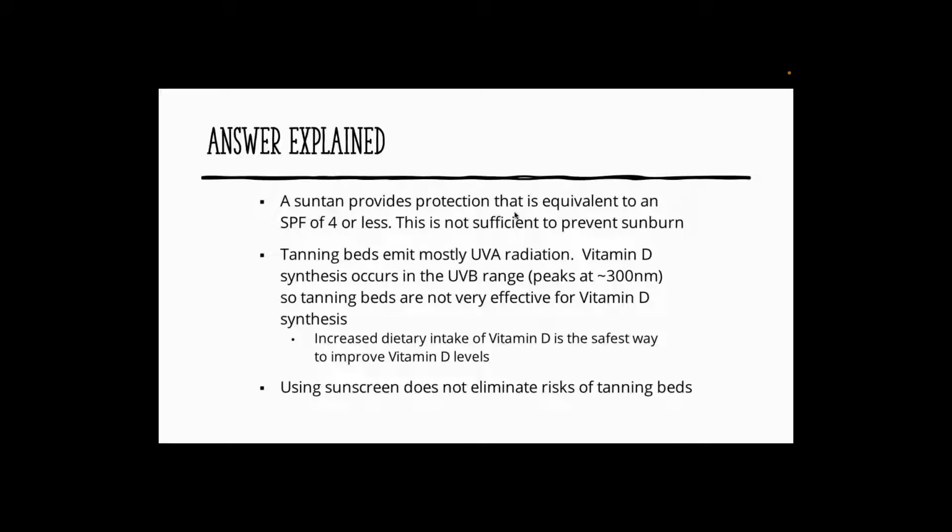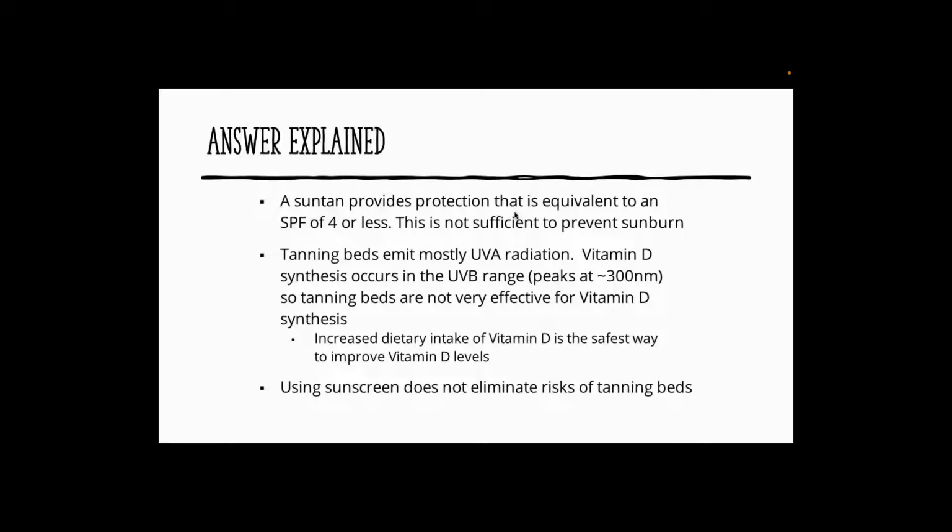Tanning beds emit mostly UVA radiation, and vitamin D synthesis occurs in the UVB range, around the 300 nanometer wavelength. So tanning beds also are not an effective way for vitamin D synthesis. It's by far not the best way to increase vitamin D in our bodies. Increased dietary intake of vitamin D is the safest and definitely the most effective way to increase vitamin D levels.